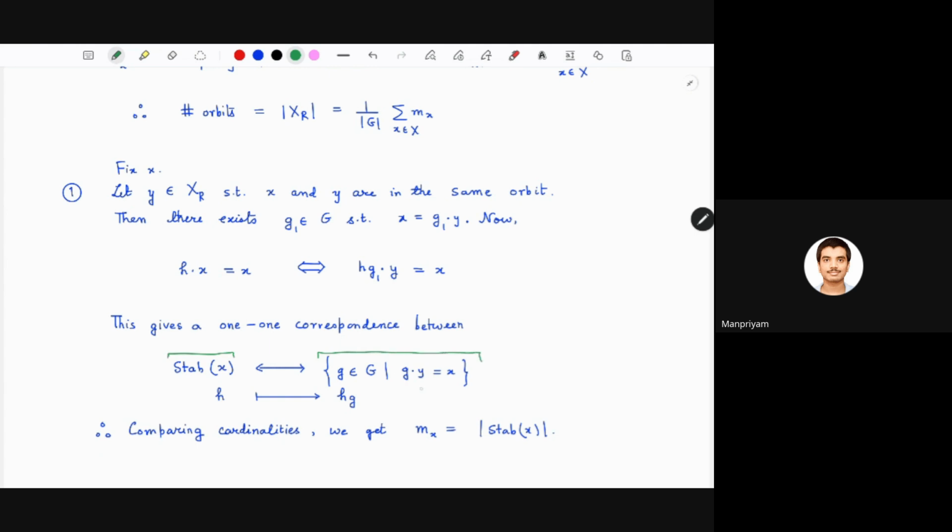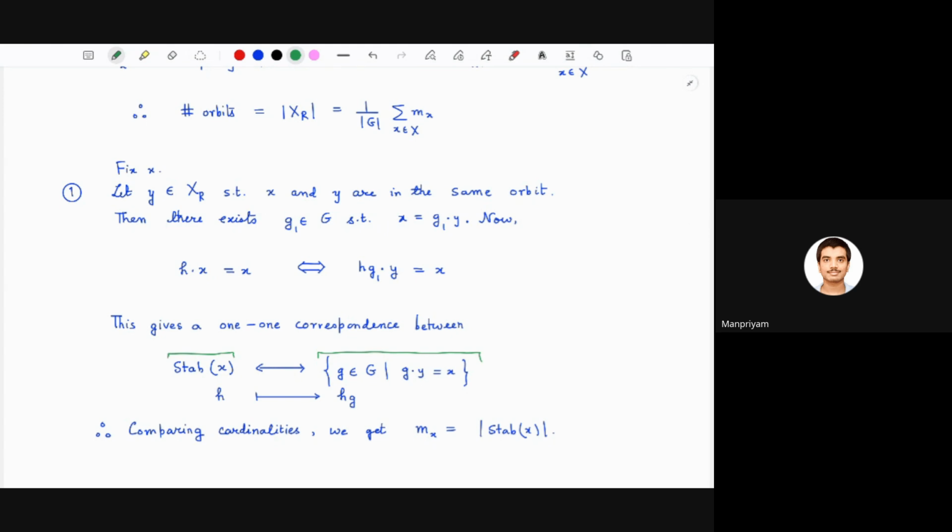What is this set? This is the set of all group elements which take y to x. The cardinality of that is the same as the number of group elements which fix x. They're not the same set, but the cardinalities are the same. But all we care about are the cardinalities. The cardinality of this right hand side is precisely the number of times x appears in our multiset, right?